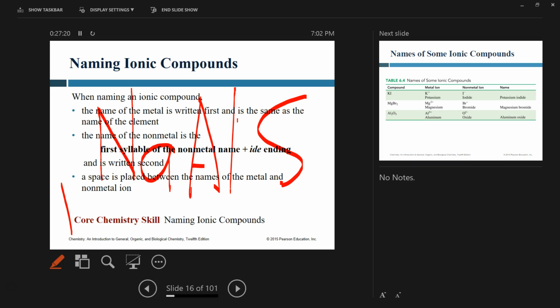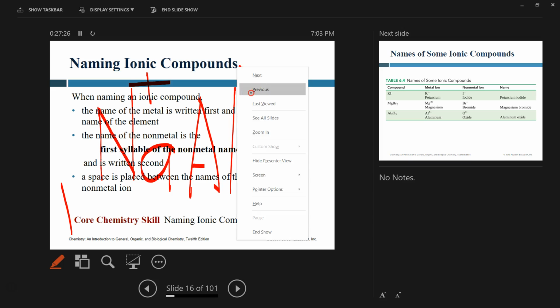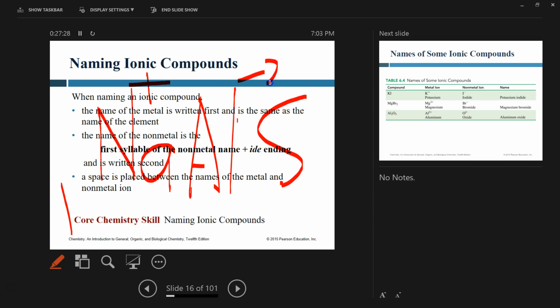What's the charge on sodium? +1. On aluminum? On sulfur? Any subscripts?